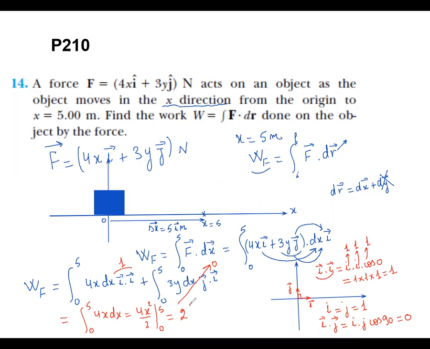So we have 2 times 5 squared minus 0 squared. 5 squared equals 25. 25 times 2 is 50. We have 50 joules. So this is the work done by this force F on the object. Thank you.